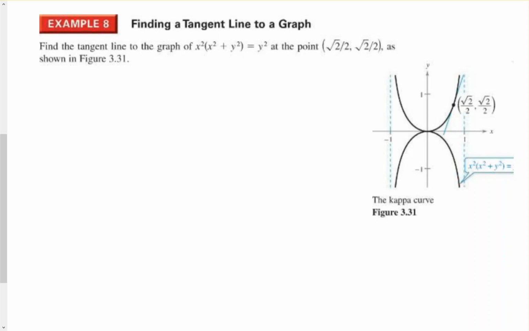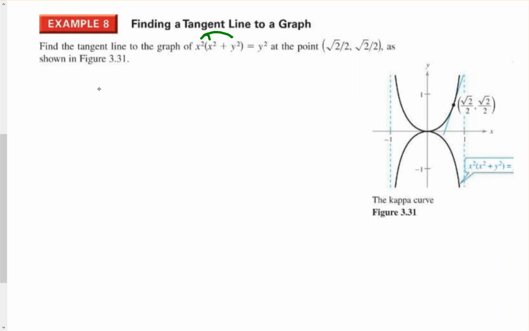Okay, so let's take a look. Let's find the derivative then of both sides. To help us a little bit, let's distribute our x squared and we will write everything on one side.